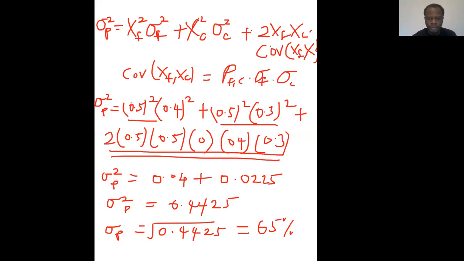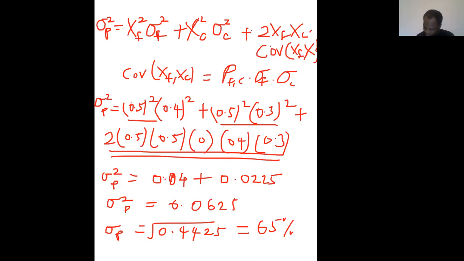Okay, so let's look at it again. Let's do another check. 0.5 squared times 0.4 squared, so it's 0.04, not 0.4. 0.04 is okay, plus 0.0225, and that gives you 0.0625.